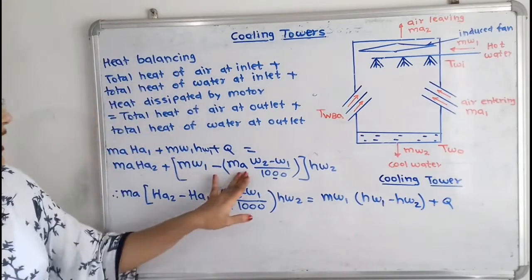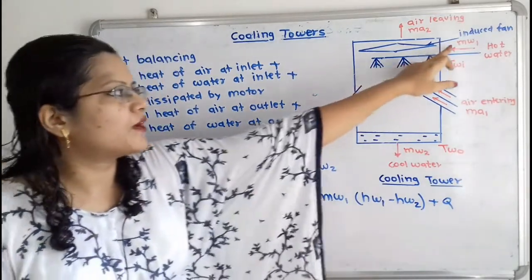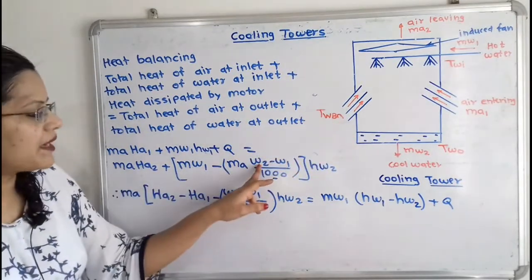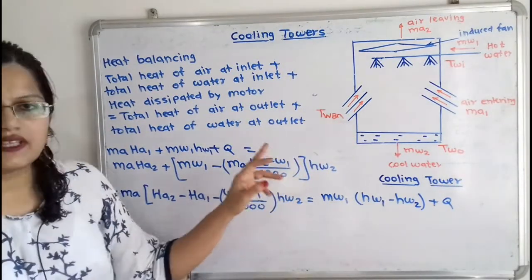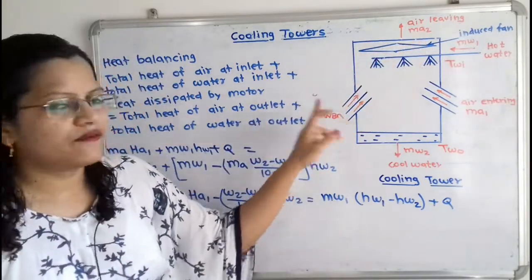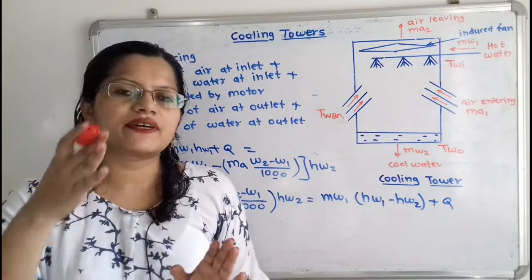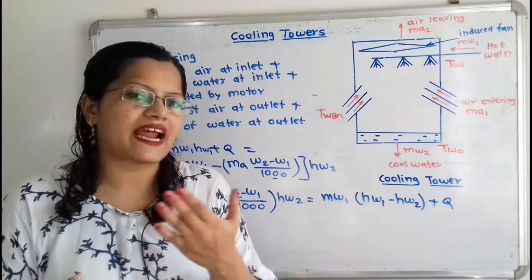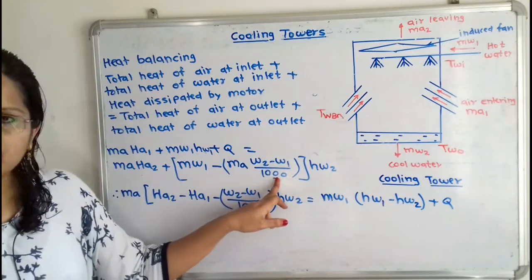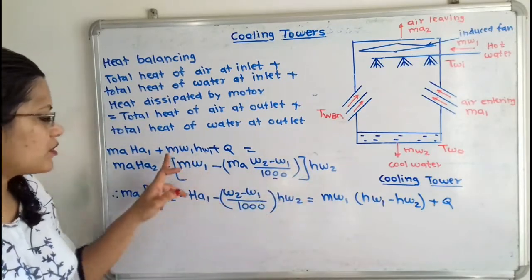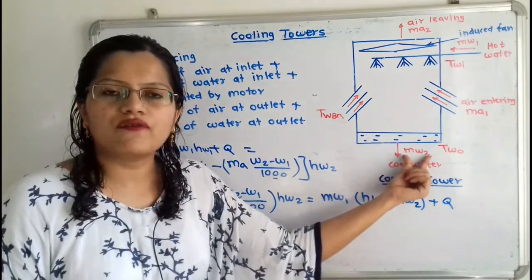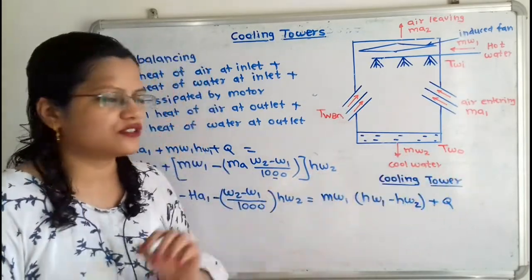So we take Mw1 minus Ma, the mass of air, multiplied by omega 2 minus omega 1, the values of specific humidity at points 2 and 1. This value is given in grams per kilogram, but the standard unit is kilogram per kilogram, so we divide by 1000, and for this whole bracket we multiply with the enthalpy of water leaving the tower, that is Hw2.